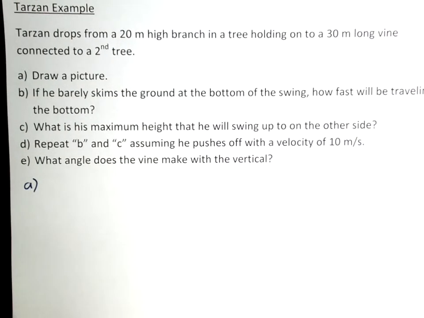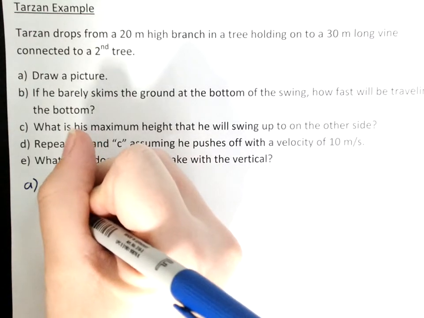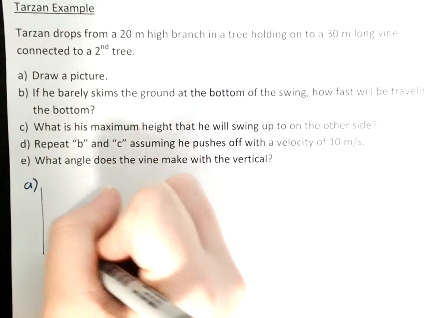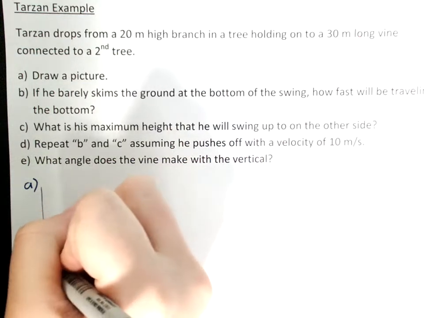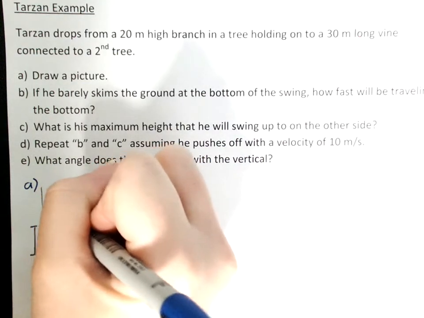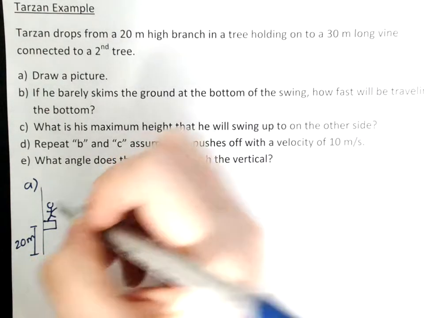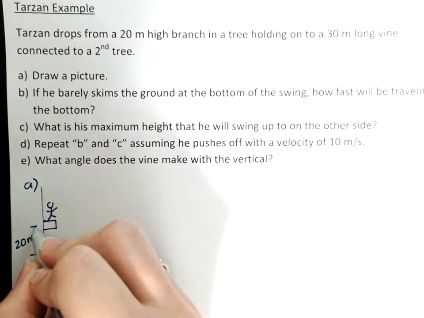So he's in a 20-meter tall tree. So let's say here's our tree. Here he is standing 20 meters up, and he's holding onto a branch or vine that is 30 meters long. So we need to make sure to draw it in proportion.